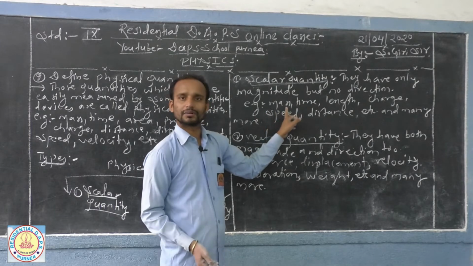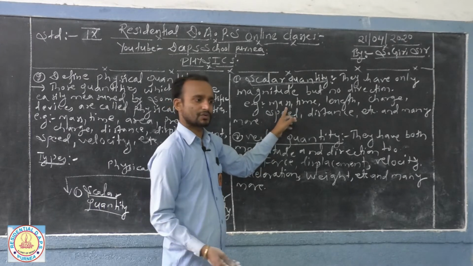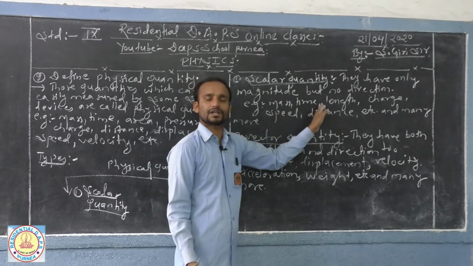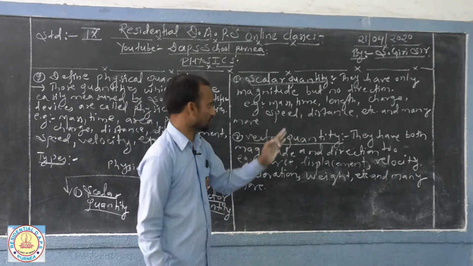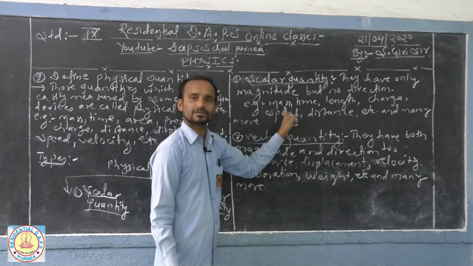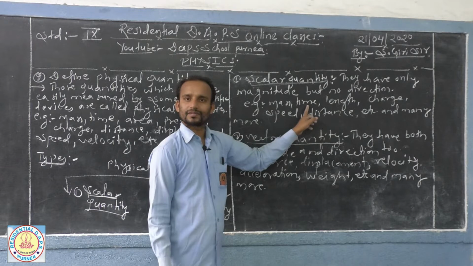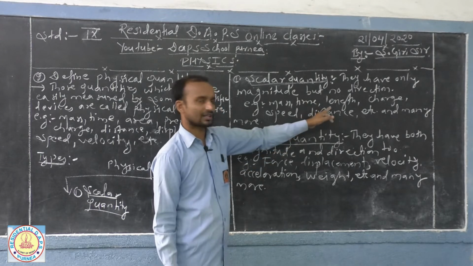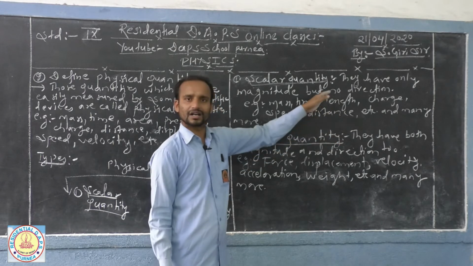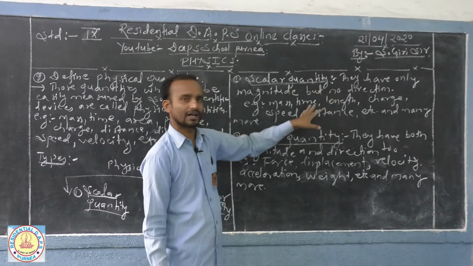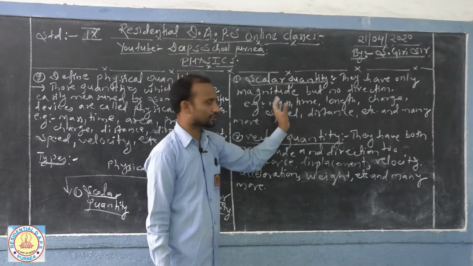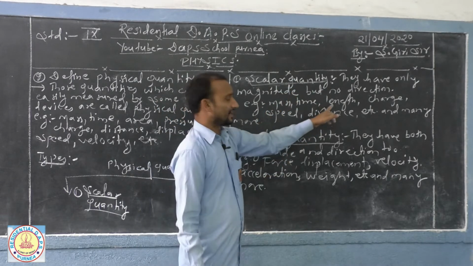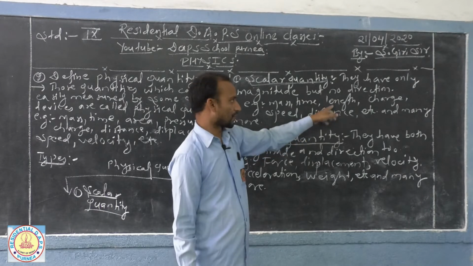Those quantities are said to be scalar. Example, mass. What is the mass of that object? Only 50 kg. No direction symbols are used while representing mass. Time, something seconds or hours; length, something meters; height, breadth, area, volume, all these are scalar quantities. You need not take any direction while mentioning those quantities.